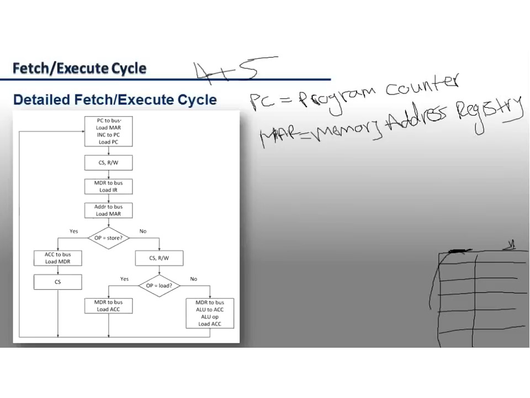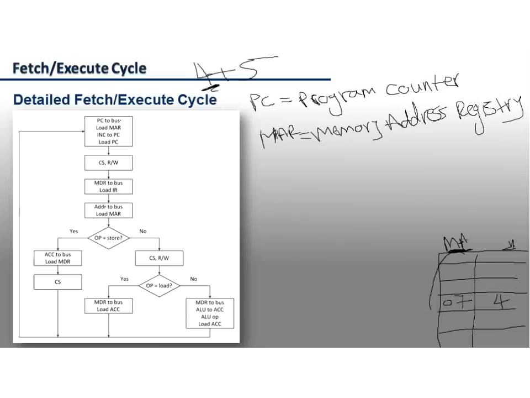For example, if we have number 4 that we want to work on, say at location number 7, so this is address number 7 and the data is here. This is the MAR.